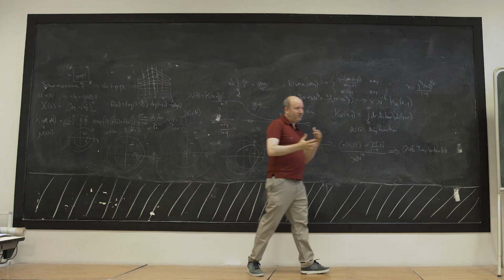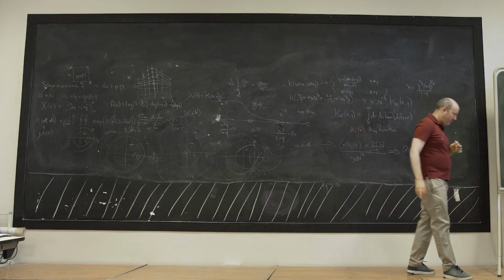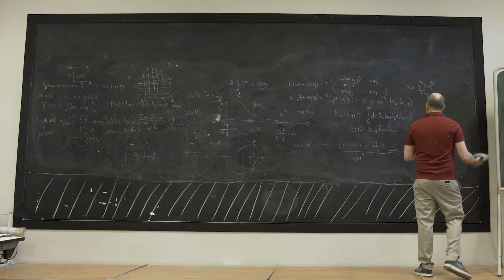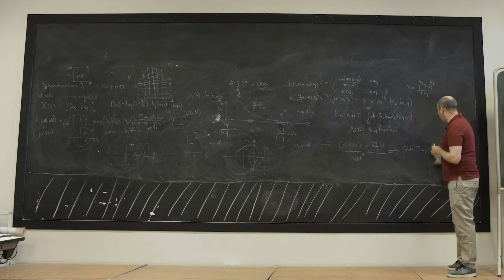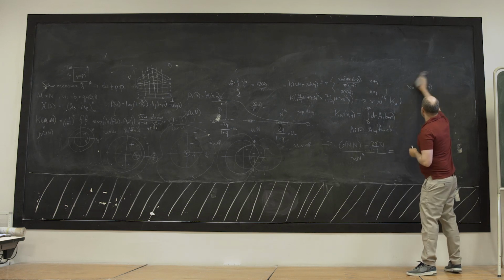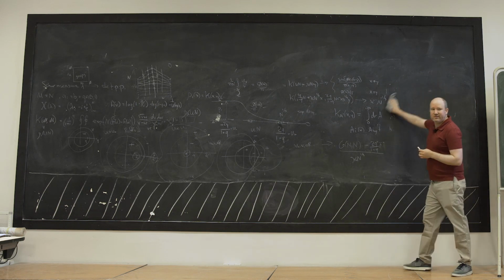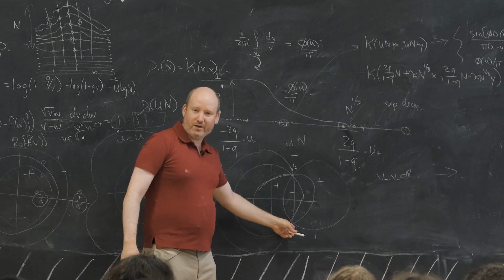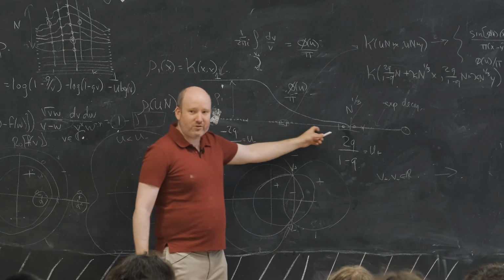Yep. How do you see the n to the 1/3 from the contour expression? Yeah, that's a great question. So the n to the 1/3, just very briefly, happens because, as I said here, you look at your critical points. So the critical points are v plus and v minus. This is when you're strictly inside.